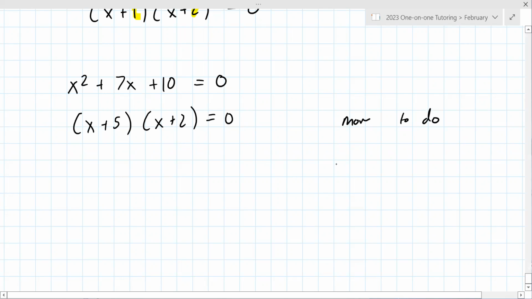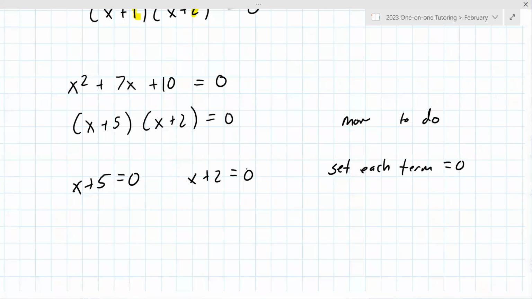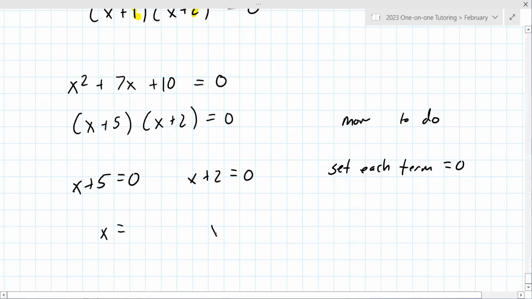You have to set each term equal to 0, so the x plus 5 equals 0 and the x plus 2 equals 0. And then would you subtract 5 and 2? Yes. So what are your two final answers? x equals negative 5 and negative 2.